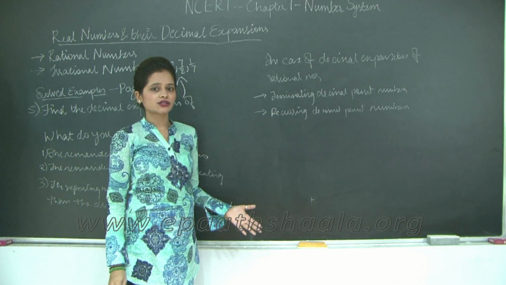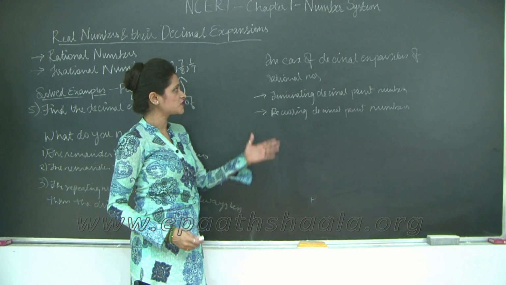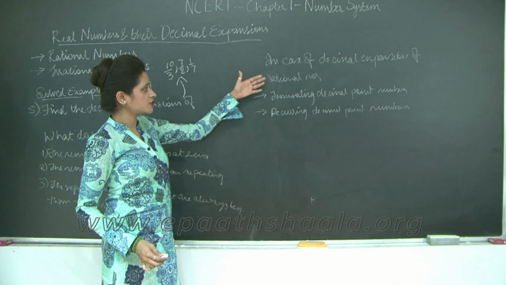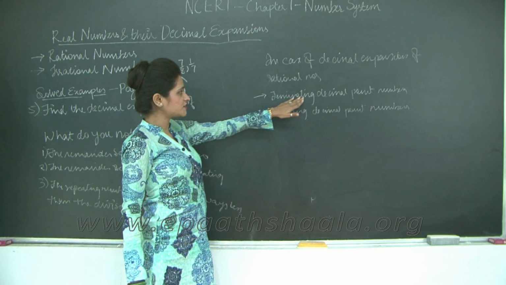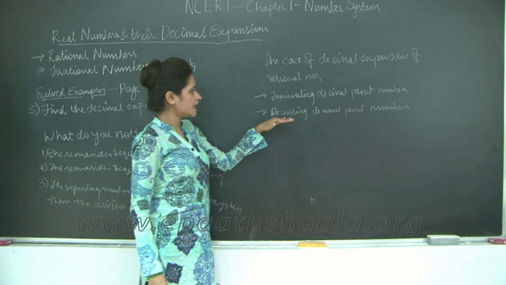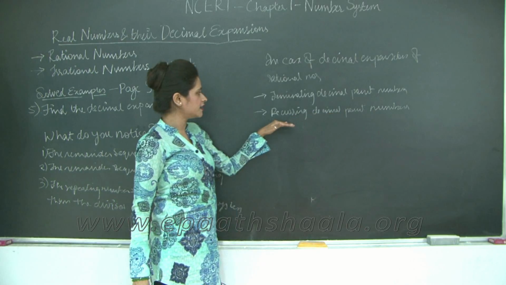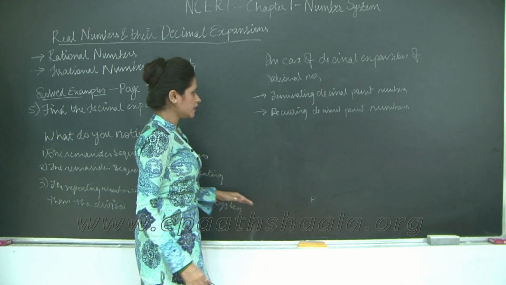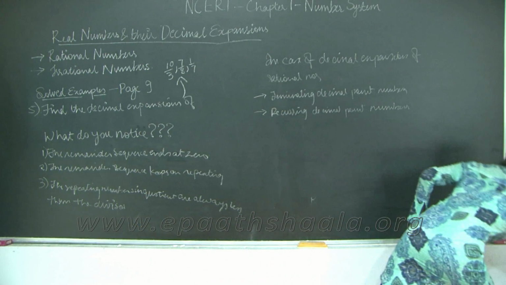Now we know that irrational numbers are complete opposite of rational numbers. So in the case of irrational numbers, you will not have terminating decimal point numbers as well as recurring, there won't be any recurring decimal point numbers. Okay? So let me just give you an example of this.